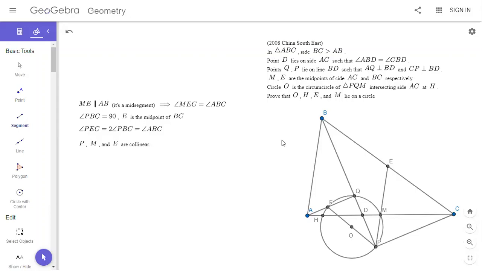How do we know that? Okay, so what's the best way to show HOME is cyclic? We could try to show angle EMH. I'm going to say EMH is equal to EOH.